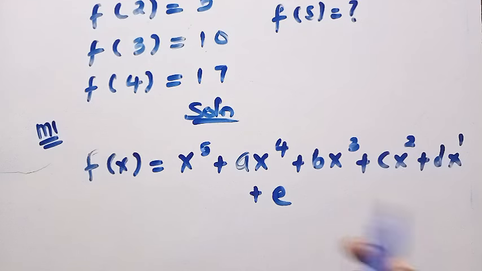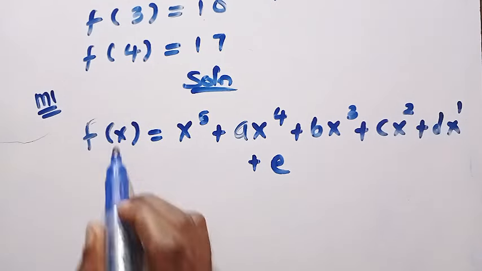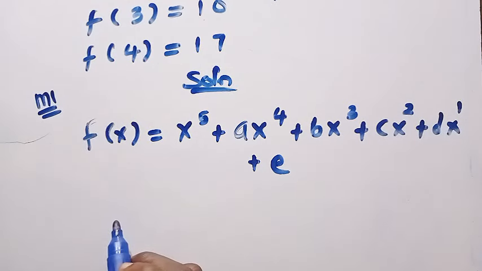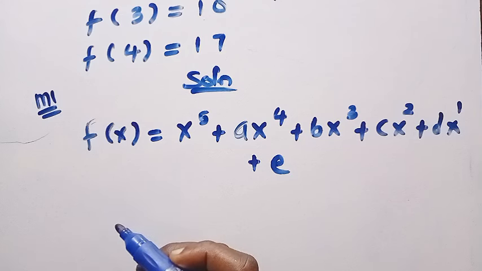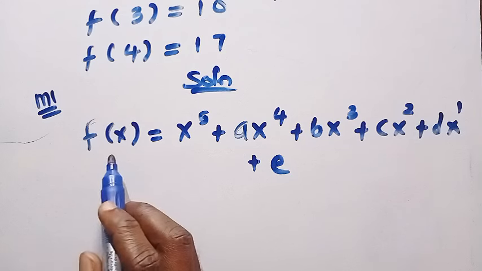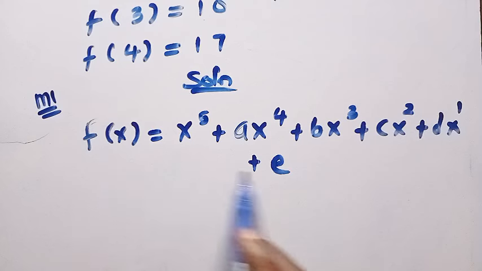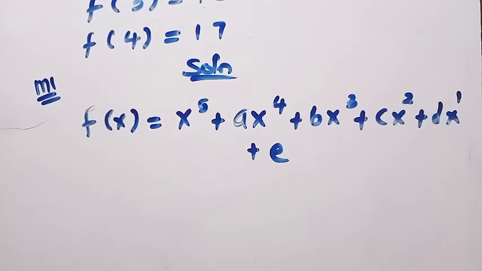So we form equation 1. Suppose our x here equals 1, we are going to have a particular equation. If x is 2, we have a particular equation, and if x is 3, we have a particular equation. I'm not going to choose x equals 0 because we only have the constant e there.